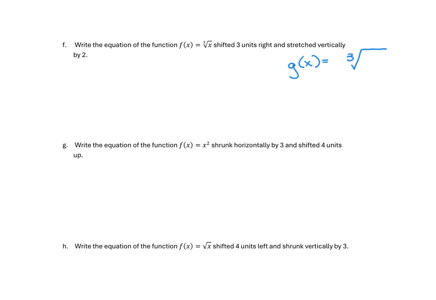And then we want to figure out whether what we're being given is a shift, stretch, or compress. Is it horizontal? Is it vertical? Is it inside, outside? So the first thing that we have is shifted 3 units right.